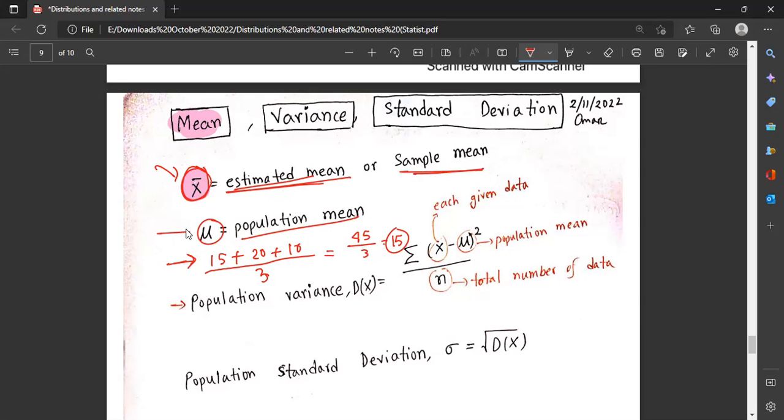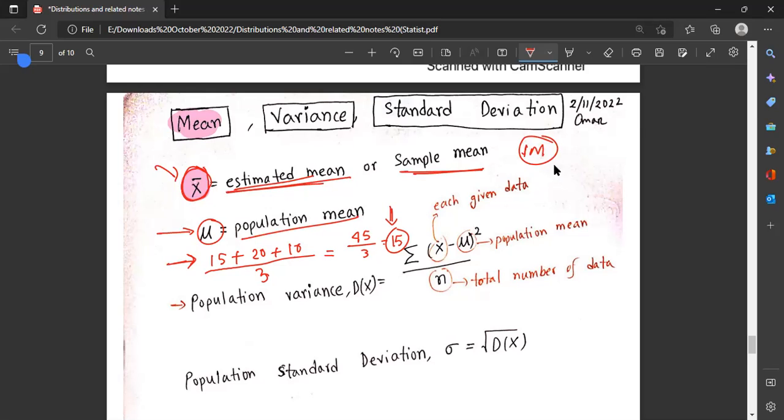The population mean is a very exact number, like the count of 15 here. But if we have 1 million students, we cannot count them by hand. It's a very long process.